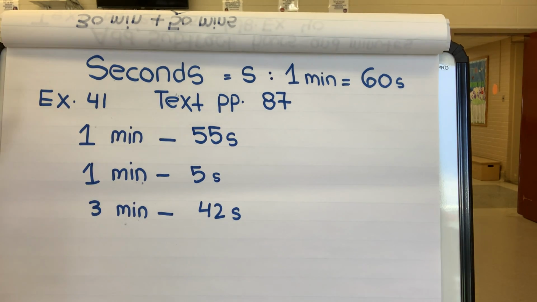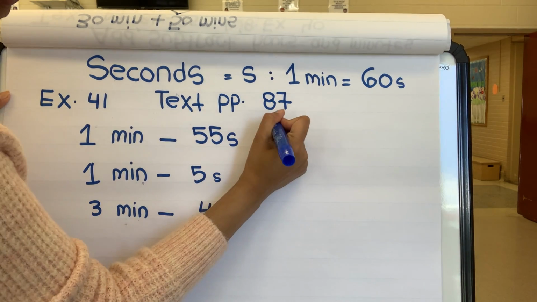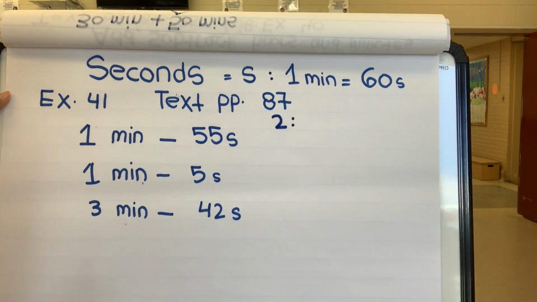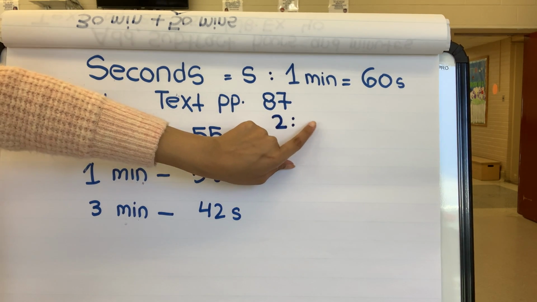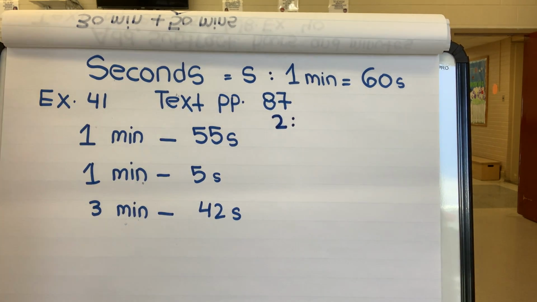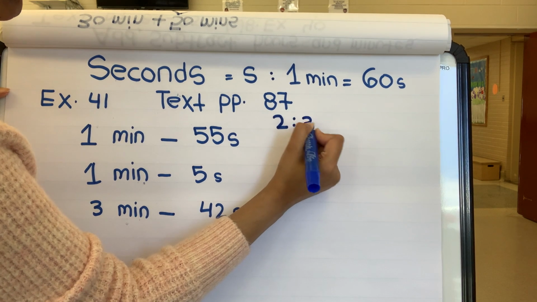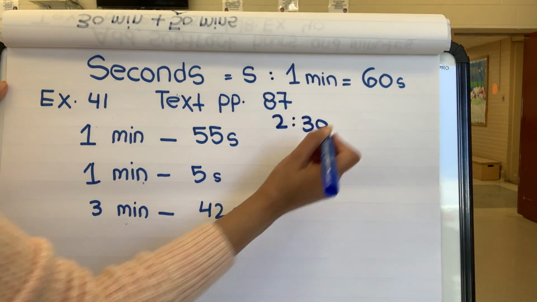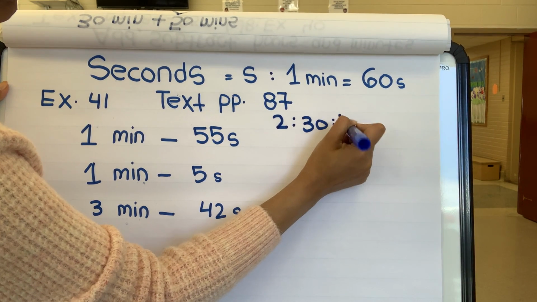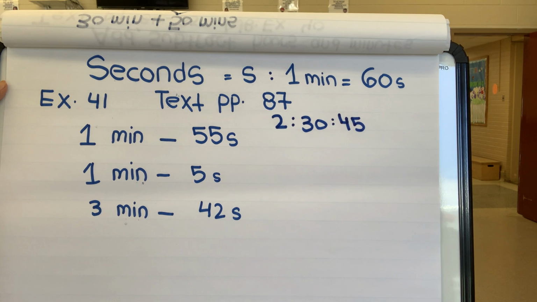If I were to write 2 hours, and then I write a colon, which means now I am moving to my minutes, 2 hours, 30 minutes, and let's say we will write 45 seconds.